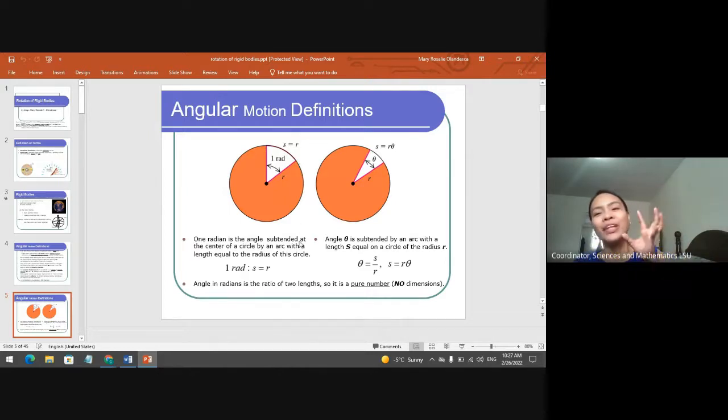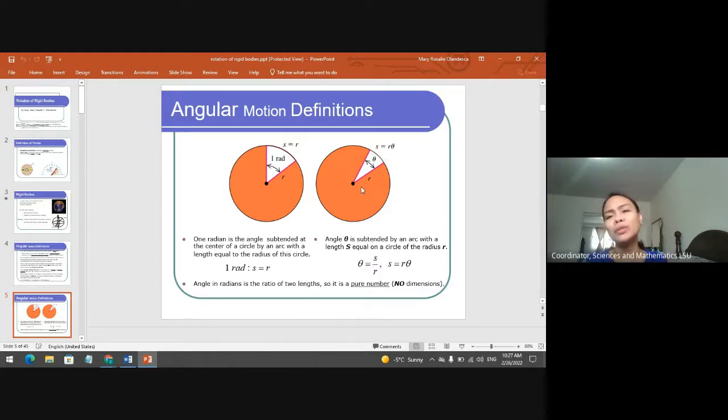So our arc length is actually equal to r times theta, because here we have 1 rad, that's why they are equal. But here our theta is not equal to 1 rad, so our arc length is equal to r times theta.